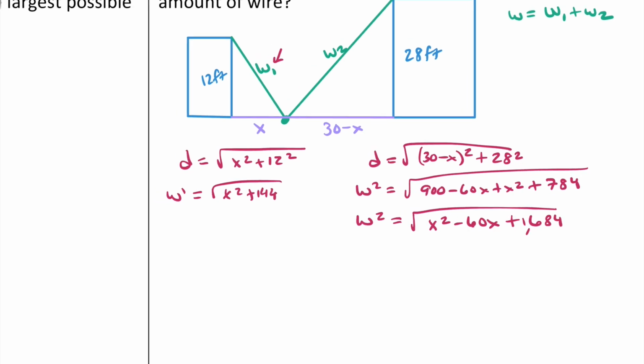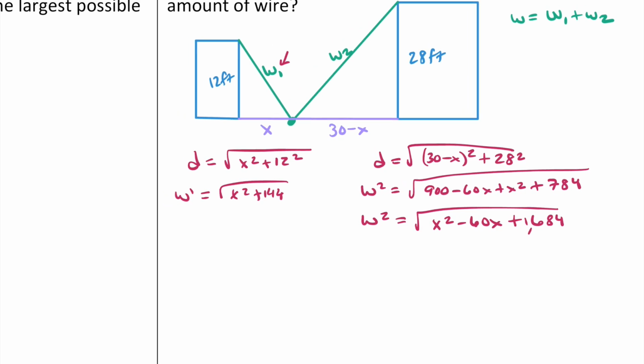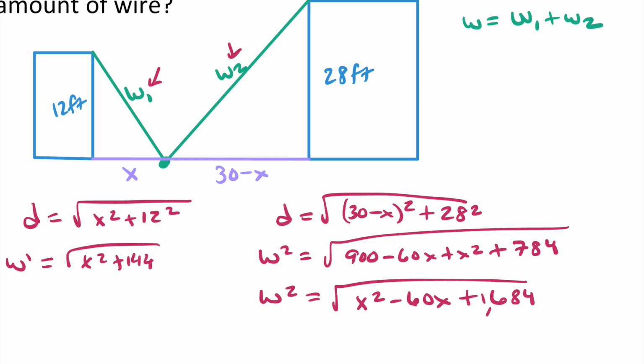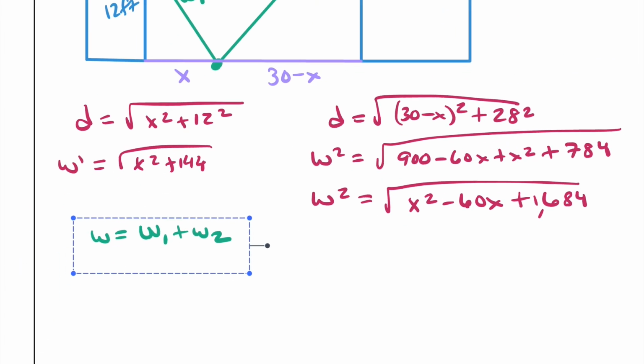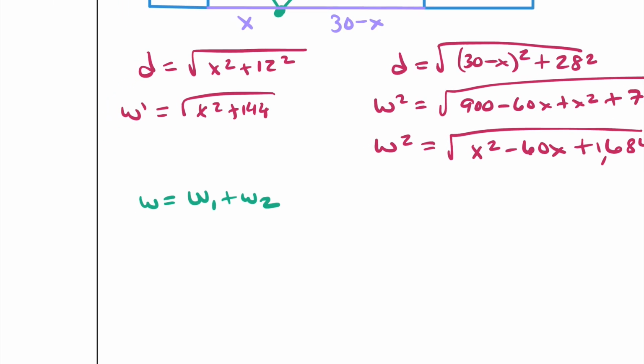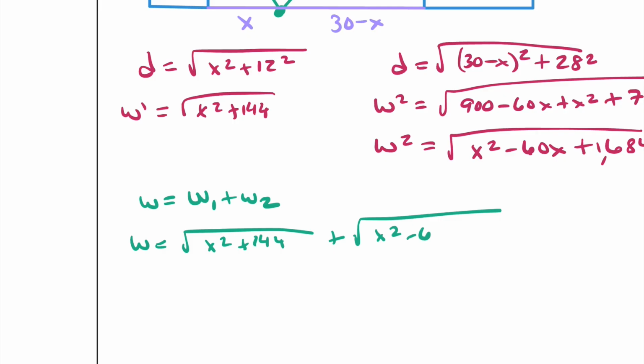Okay, what I know is that I want to minimize the amount of wire. So wire is equivalent to wire 1 plus wire 2. So total wire is equal to the square root of x squared plus 144 plus the square root of x squared minus 60x plus 1684.